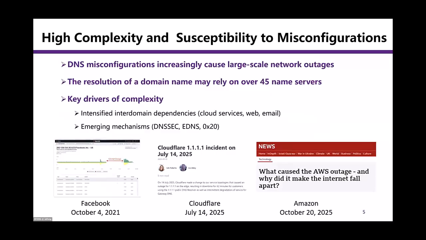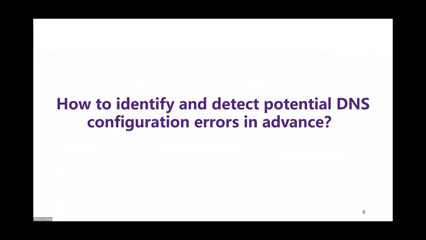In recent years, various misconfigurations have caused several major network outages. For instance, in 2021, Facebook suffered an outage of over 6 hours due to a DNS misconfiguration. In 2025, Cloudflare and Amazon also suffered network outages. Therefore, how to identify and detect potential DNS configuration errors in advance to avoid large-scale network failures is a common concern in both academia and industry.